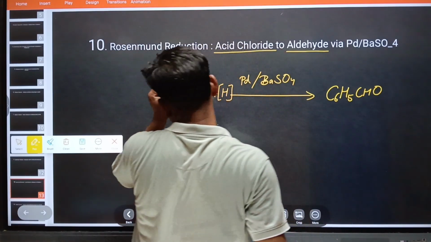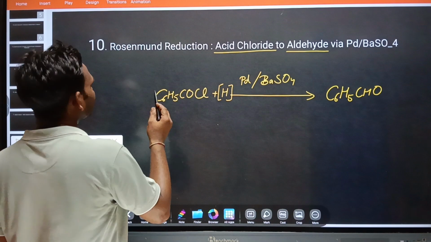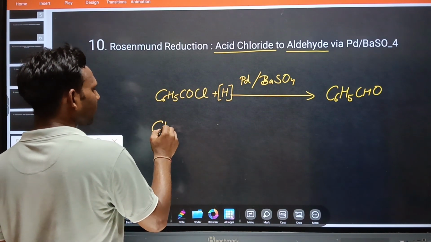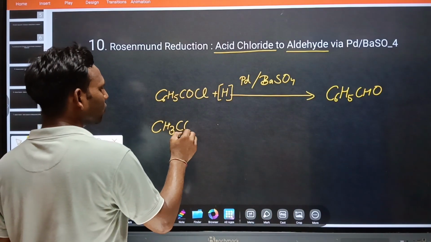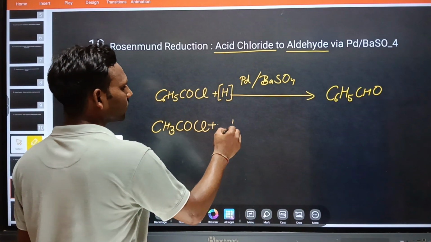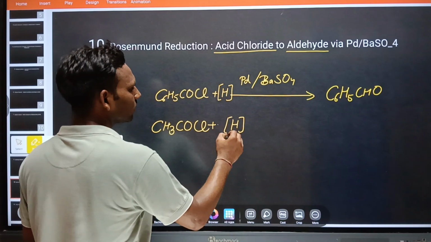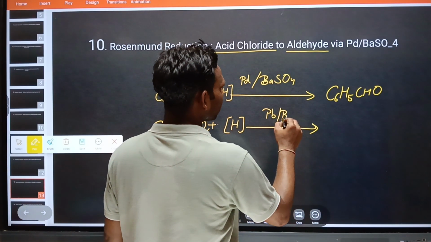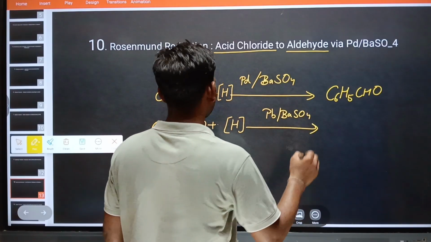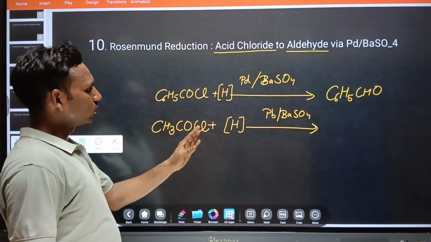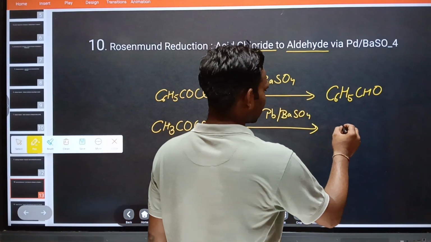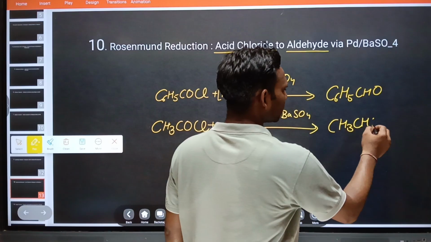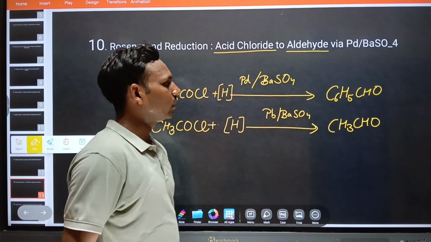C6H5CHO. Benzaldehyde, or alkyl aldehyde also forms: CH3COCl plus H, nascent hydrogen, in the presence of Pd and BaSO4, forms CH3CHO, acetaldehyde.